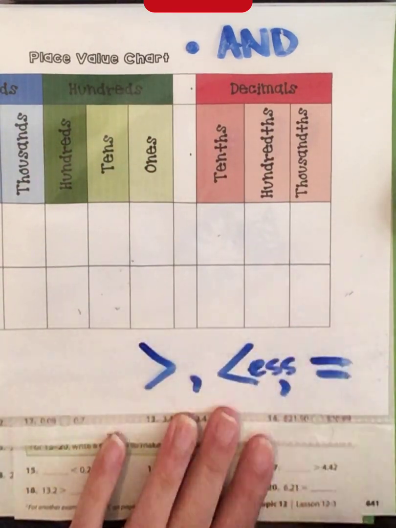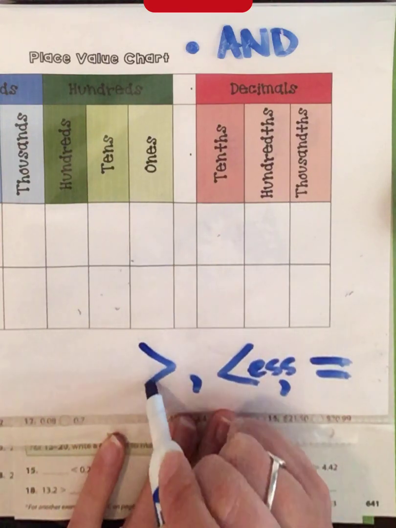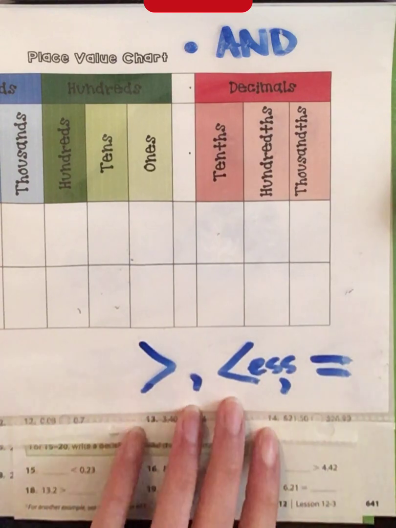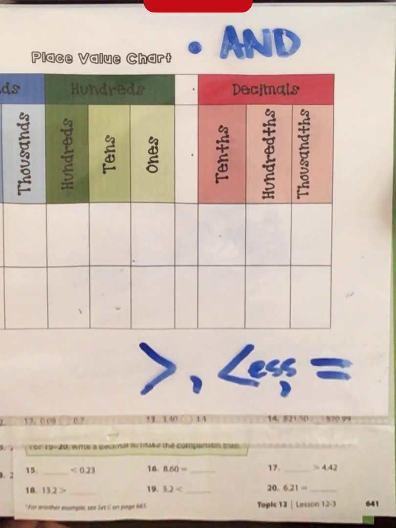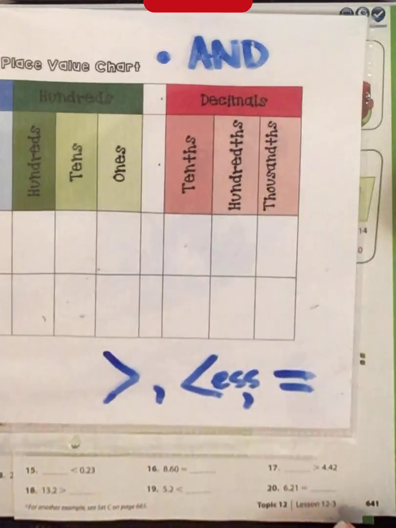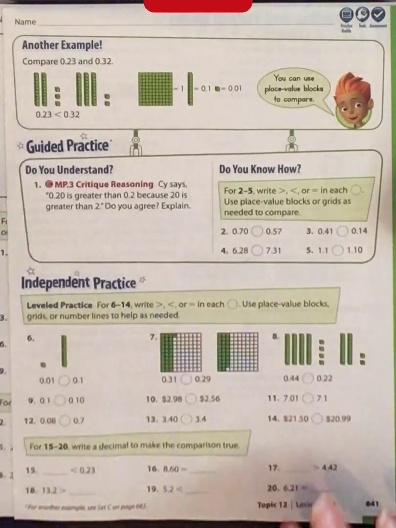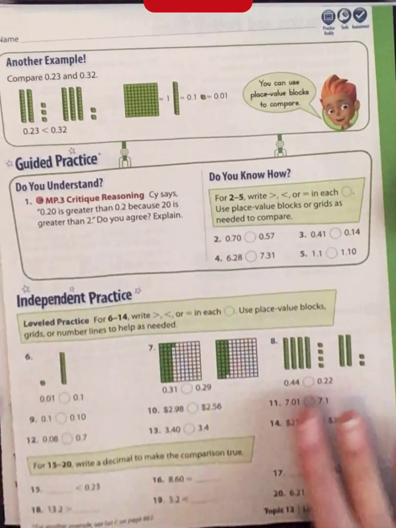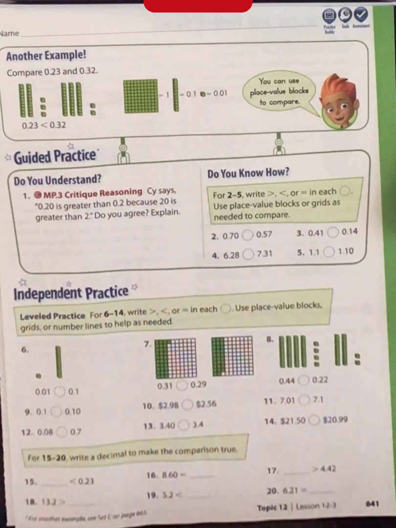Your greater than is going to be greater on the left side. Or you can remember it as the smaller number is always going to eat the larger number. So let's take a look. Here's our guided practice, the ones that we're just going to go over together to practice.